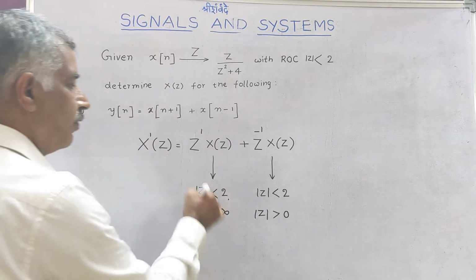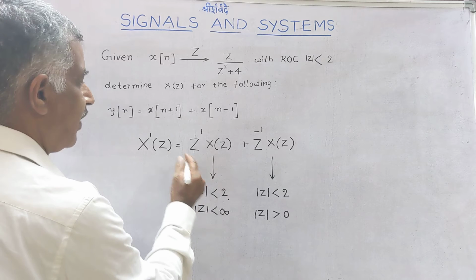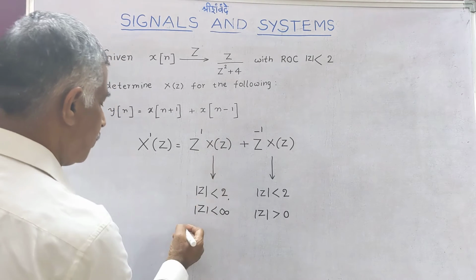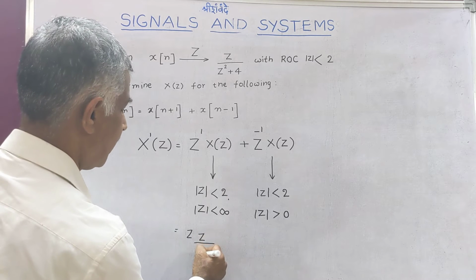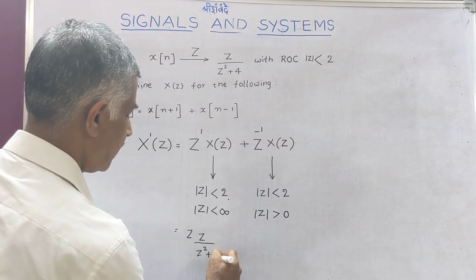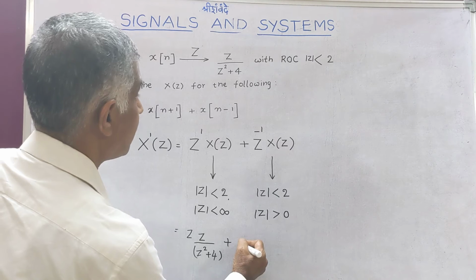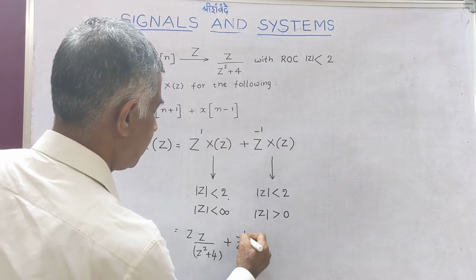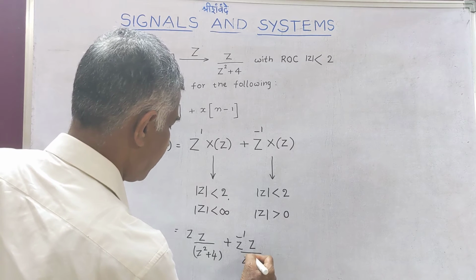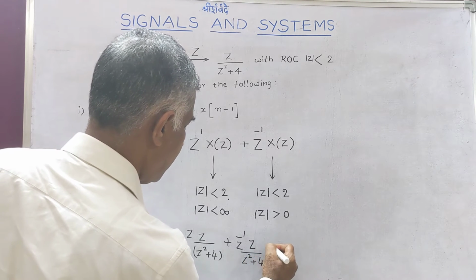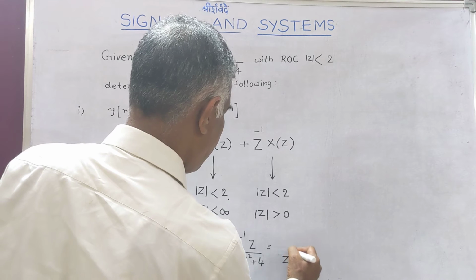Therefore, the answer: you substitute for z into z by z square plus 4, plus z to the power of minus 1 into z by z square plus 4, equals z square plus 4.